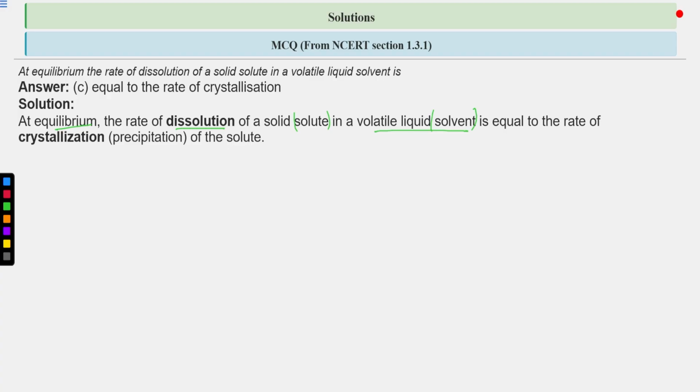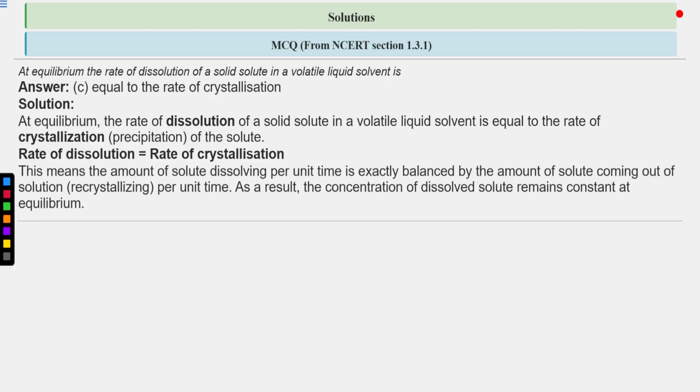When you dissolve a solid solute in a volatile liquid solvent, the rate of dissolution is equal to the rate of crystallization or precipitation of that particular solute. So, the rate of dissolution is equal to the rate of crystallization. That means the rate at which the solute dissolves is equal to the rate at which it crystallizes or precipitates.